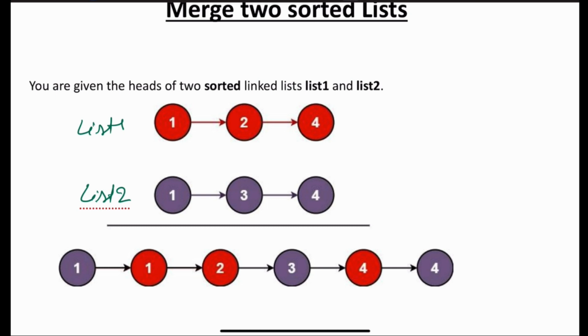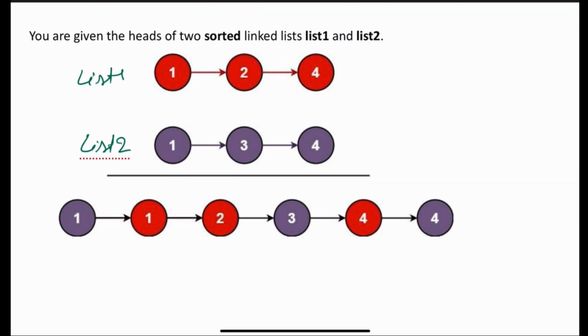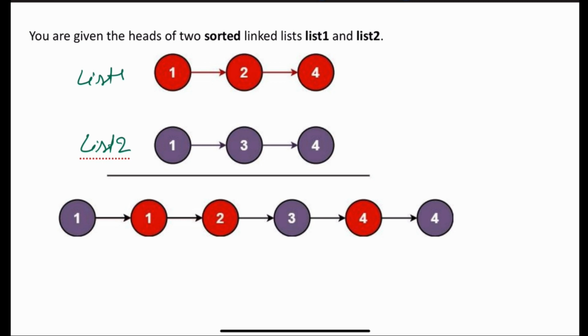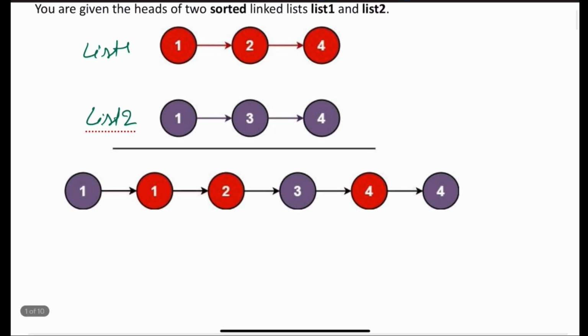And what they are asking us to do is to merge these two lists into one single linked list. But the condition they are giving is that this linked list should also be a sorted one. So how can we solve this problem?